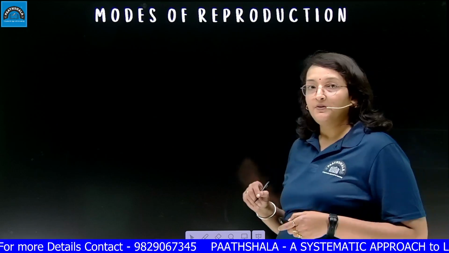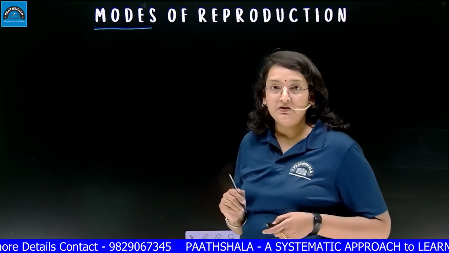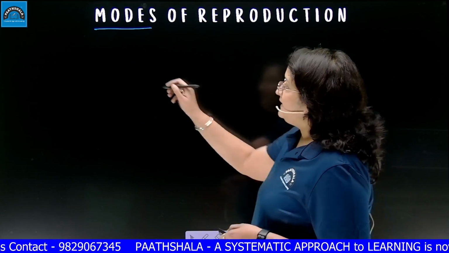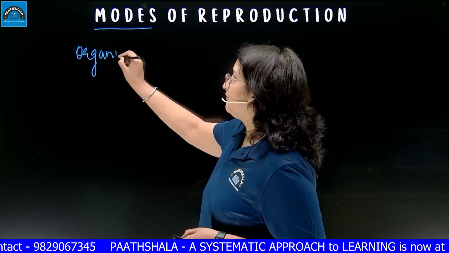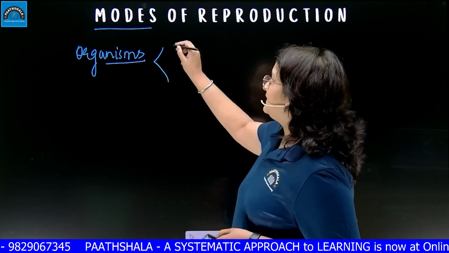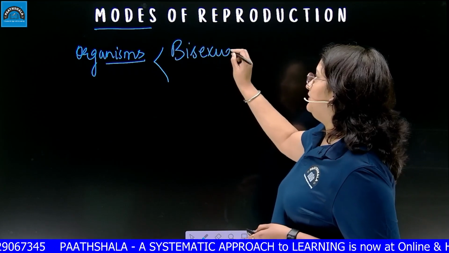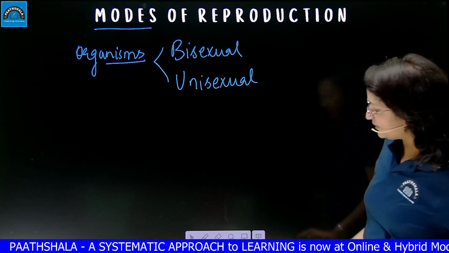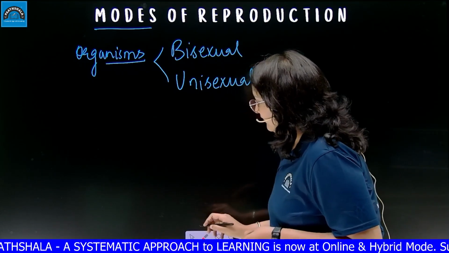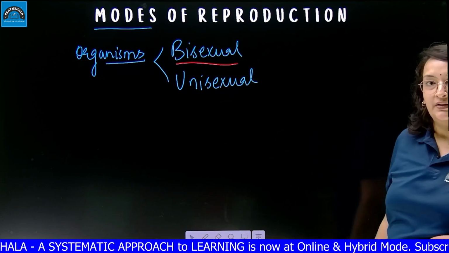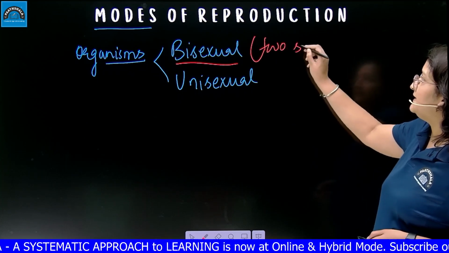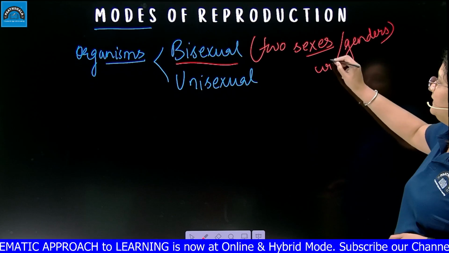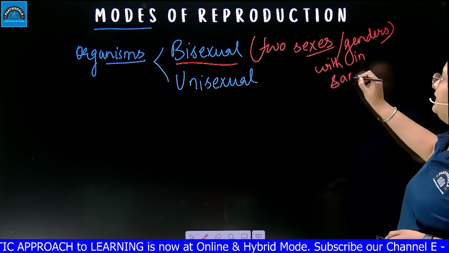Now, when we are talking about reproduction, we should understand the different ways or modes of reproduction. In the topic modes of reproduction, we must know that organisms are divided as bisexual and unisexual. It is mentioned within the name only. When we say the organism is bisexual, that means there are two sexes, two genders, within the same body.